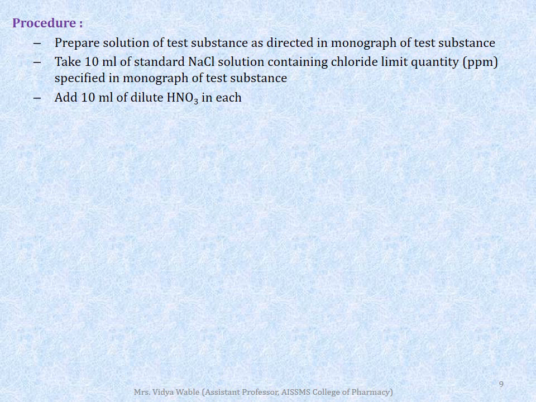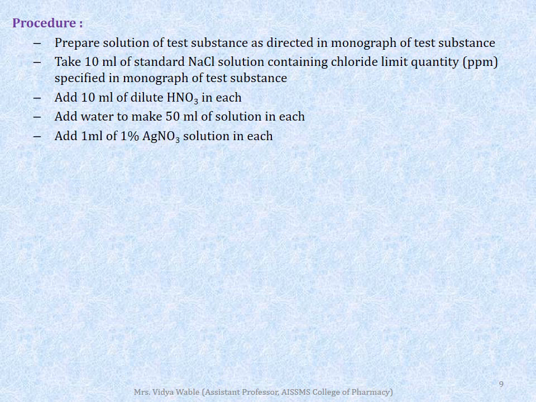Add 10 ml dilute HNO3 in both. Add water to make 50 ml of solution in each Nessler cylinder. Then add 1 ml of 1% AgNO3 solution in each. Stir both solutions and keep aside for 10 minutes.